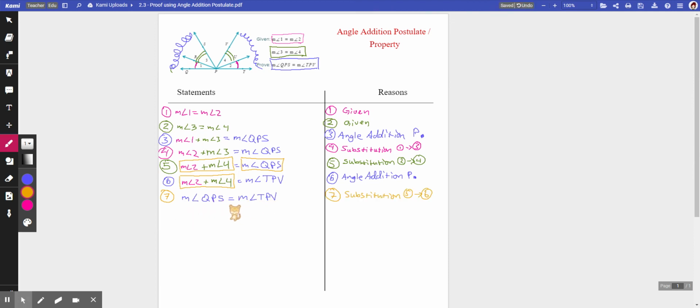When you make this statement, you could make it either way. You could substitute the other way and put TPV up here. But as a formal proof, we need to make exactly this statement. If you write measure of angle TPV equals measure of angle QPS as your next statement, Alex isn't going to accept that as completing your proof.